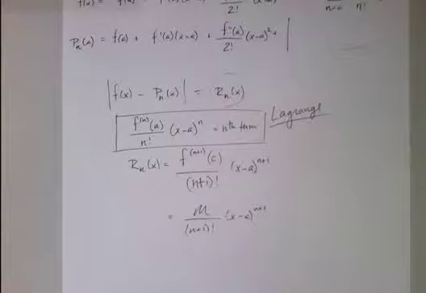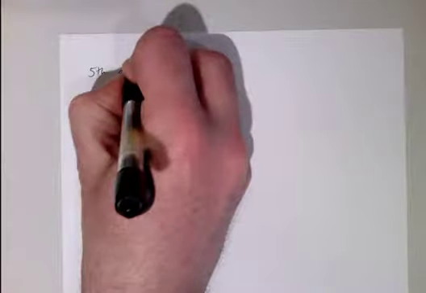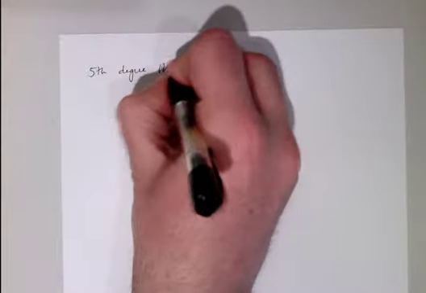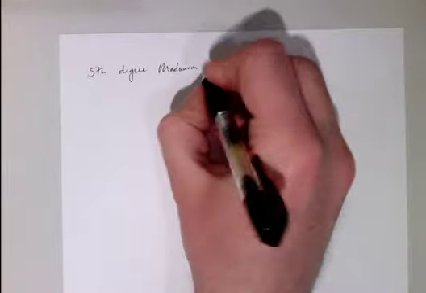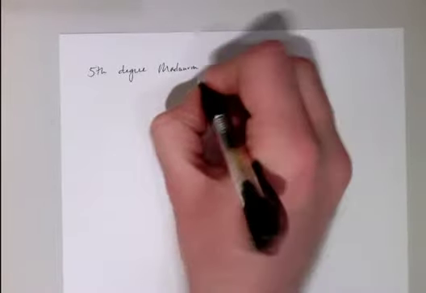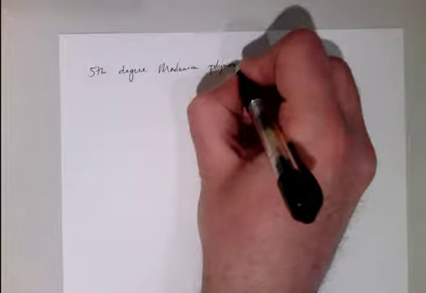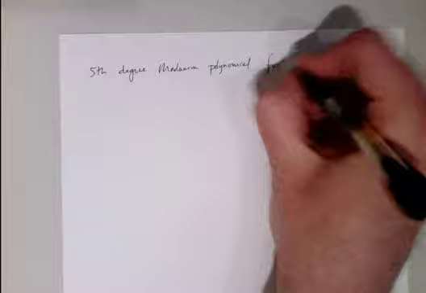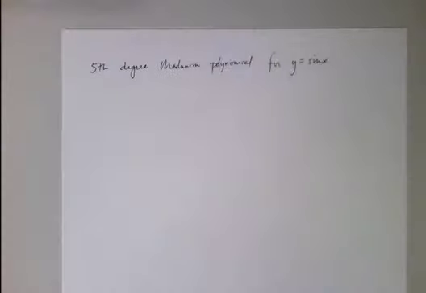And you're wondering, well, what does that mean? Okay, well, I'm going to go ahead and show you what that means. Let's say that we are asked to find the 5th degree Maclaurin polynomial for y is equal to sine x, and Maclaurin meaning that it's centered at 0.